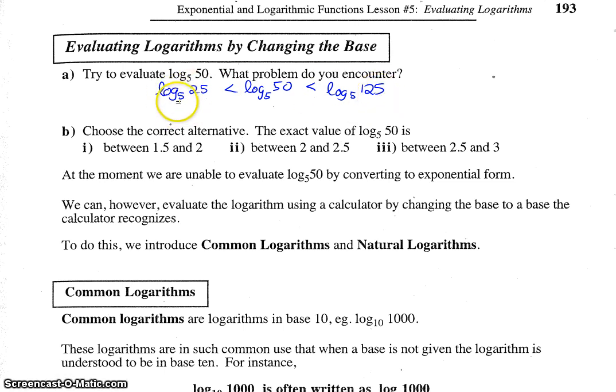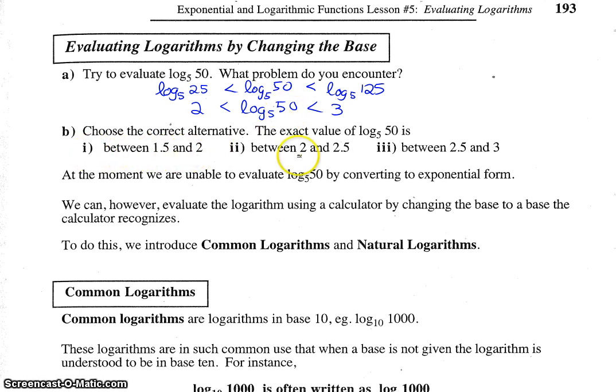So let's put the values of these. Log base 5 of 25. 25 is 5 squared, so therefore that would be just 2. Okay, and log base 5 of 125. 125 is 5 cubed, so therefore the exponent, 3. So log base 5 of 50 should be somewhere between 2 and 3.